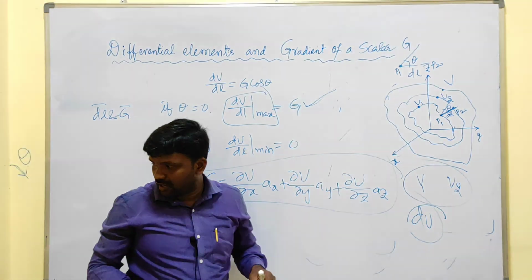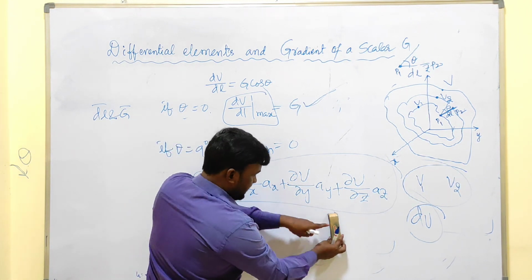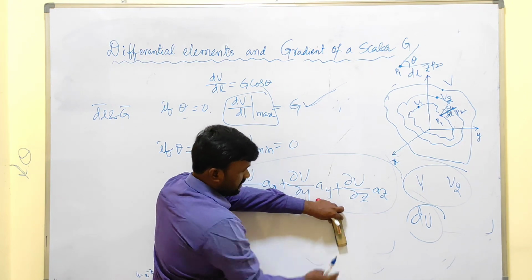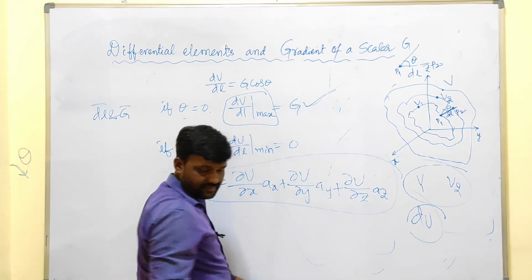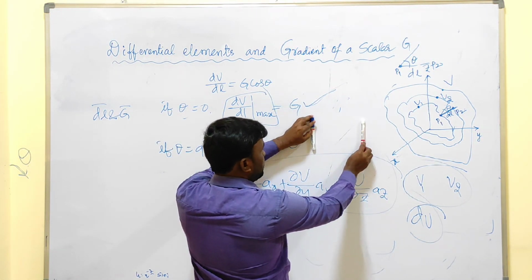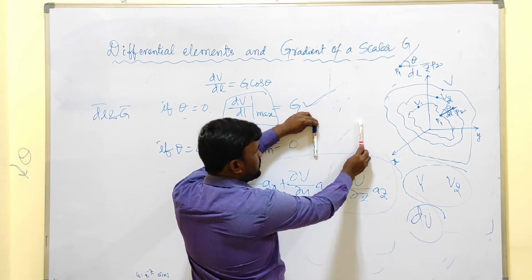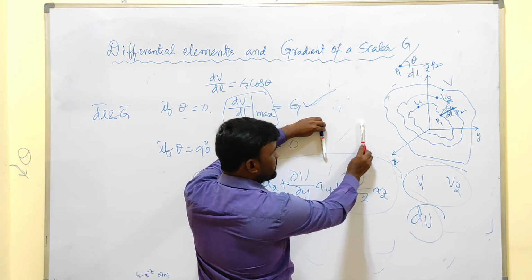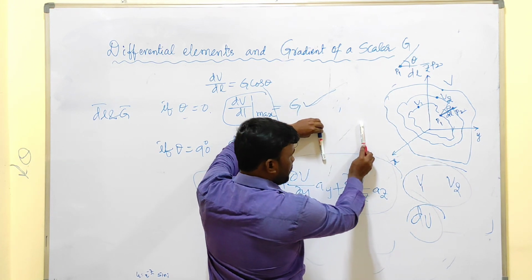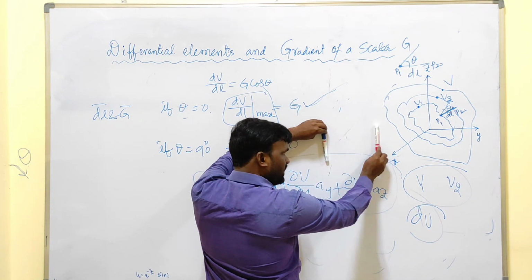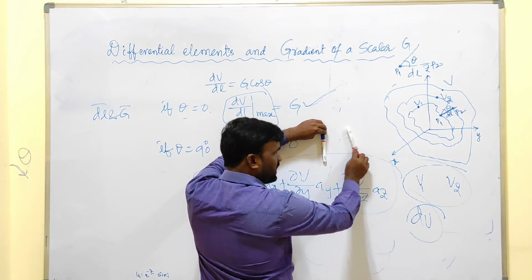Let us take an example here. Let us say I have two objects. Here at the blue one I have 0 degree centigrade temperature. Let us say here 1000 degree centigrade temperature. If I move in this direction, it is a gradient, changing with respect to distance.